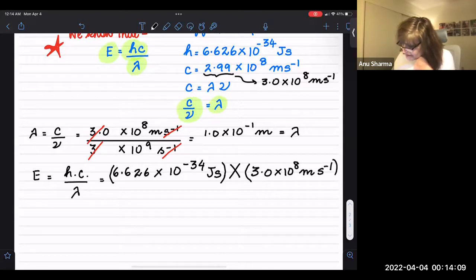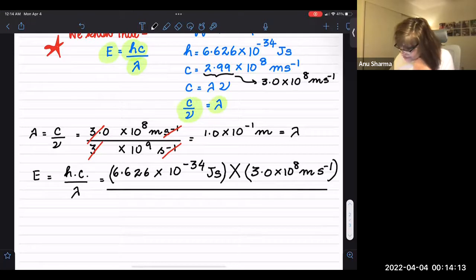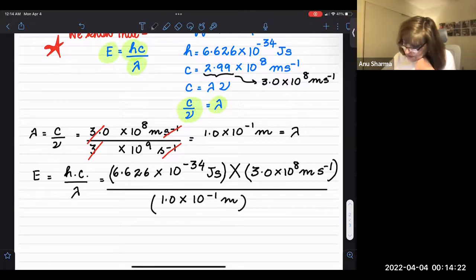These two multiply, and we divide by the wavelength, which is 1.0 into 10 to the power -1 meters. When you solve this, the meters and the meters cancel out, the seconds inverse and the seconds cancel out, so you're just left with the unit of joules.